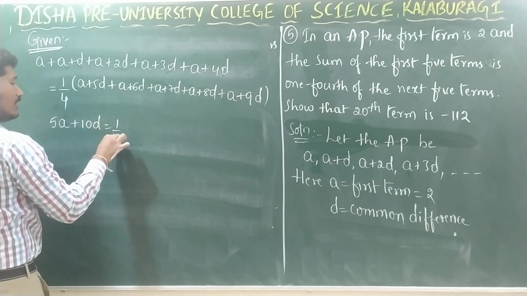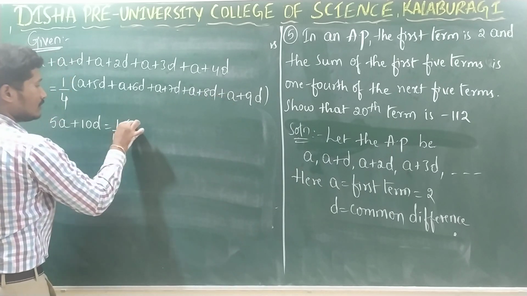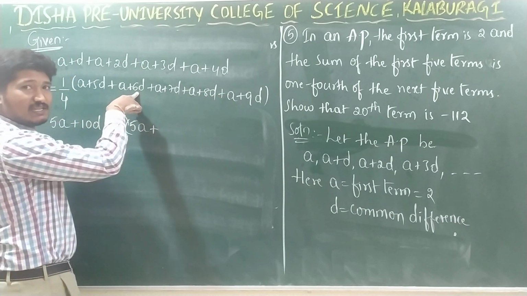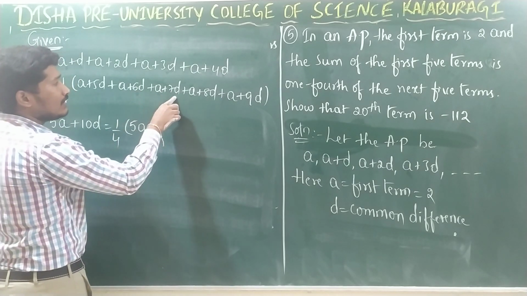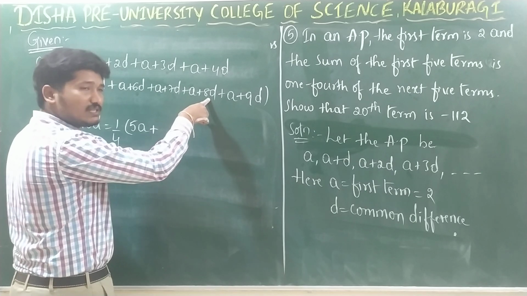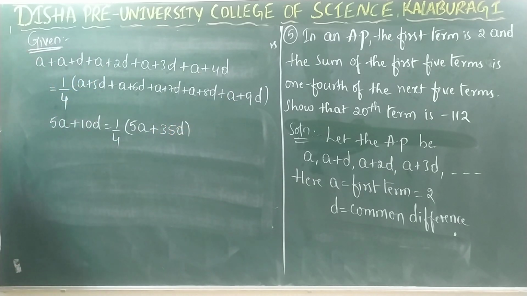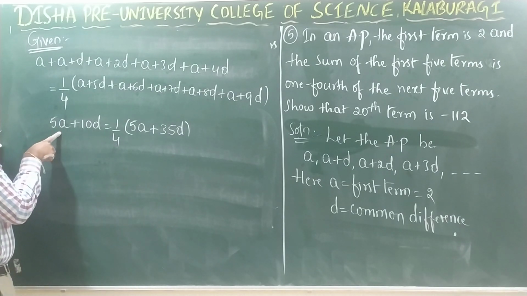Equal to 1/4 into, again see, 1, 2, 3, 4, 5. So 5a plus 5d plus 6d is 11d, 11d plus 7d is 18d, 18d plus 8d is 26d, plus 9d is 35d. Let us transfer this 4 from the RHS to the LHS.